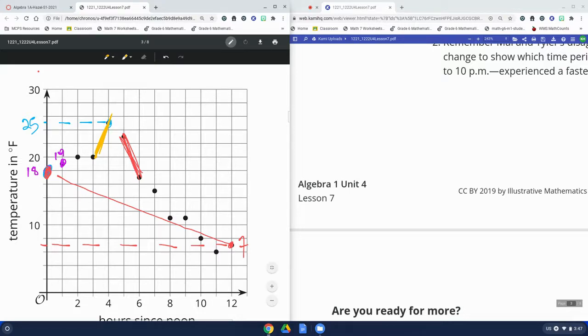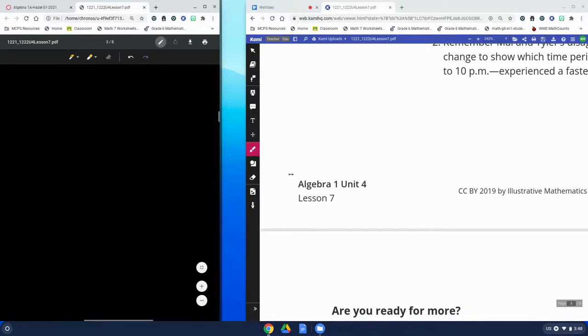Because remember, if you're talking about rate of change and how it's related to slope, right? We're talking about the steepness of a line, right? So the biggest drop to me would be the steepest line with a negative slope that connects 2 points, and the inverse for the increase.